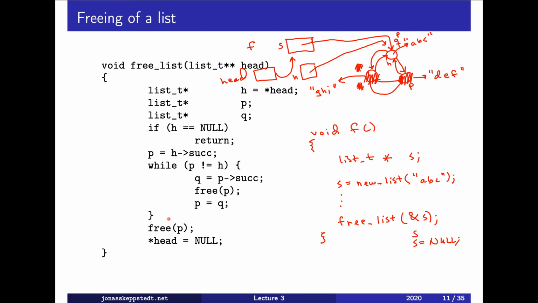And then we come back here, and we see that now p is equal to h, so we can free this one as well. And then we set what head points to null. Head points to that one, and we set it to null. So now S has become null.